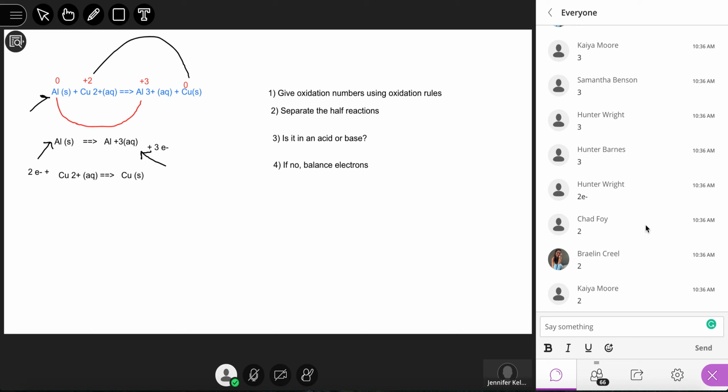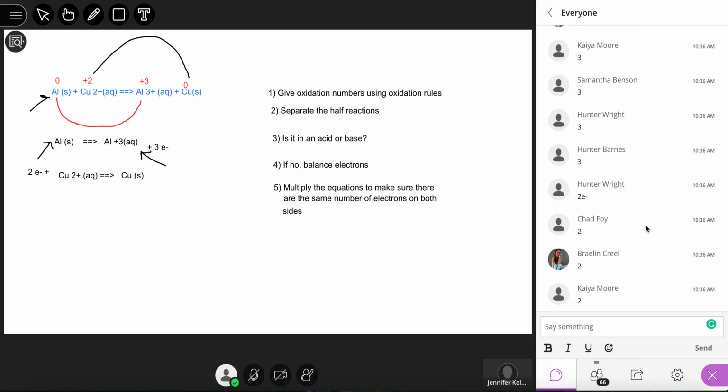The next thing you have to do is make sure the number of electrons is the same by multiplying the equations. So on the top, in the aluminum half reaction, we have 3 electrons.